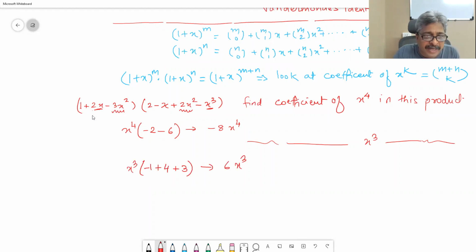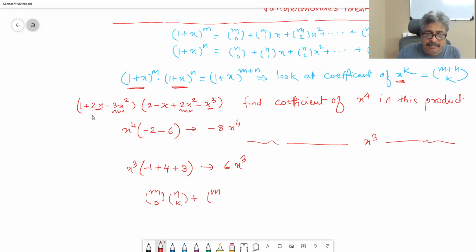So now one bracket is this and another bracket is this, and we are supposed to find the coefficient of x raised to k. So from the first bracket, if we choose the coefficient of x raised to 0, then we will have to choose the coefficient of x raised to k from the second bracket, which is n choose k. Yes or no?